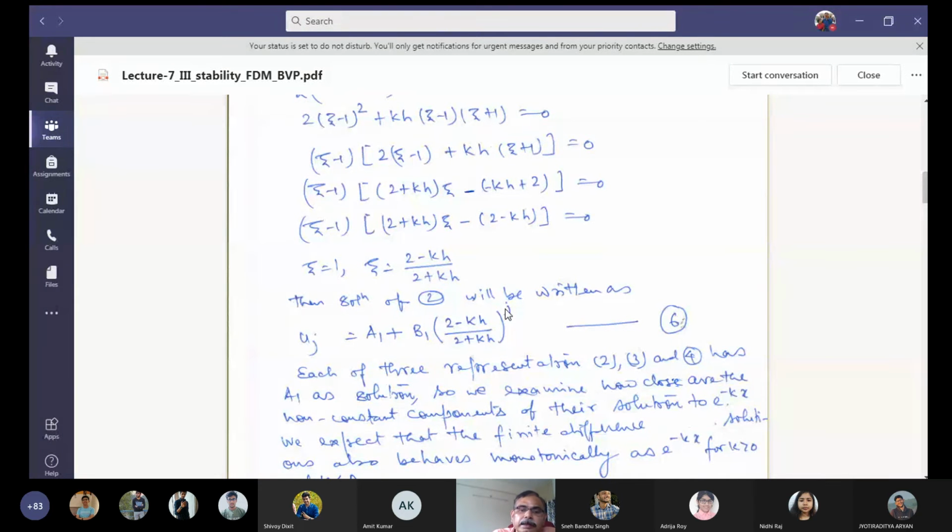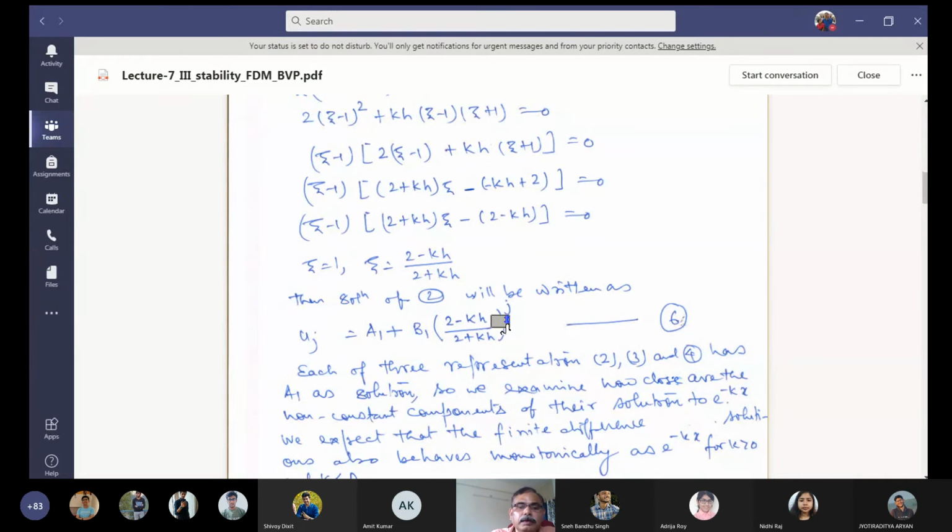Now the point is how close this term is to your e to power minus kxj in terms of the behavior, right? This will decide about the stability of the particular method for the second order boundary value problem. Is that right? Yes, sir.